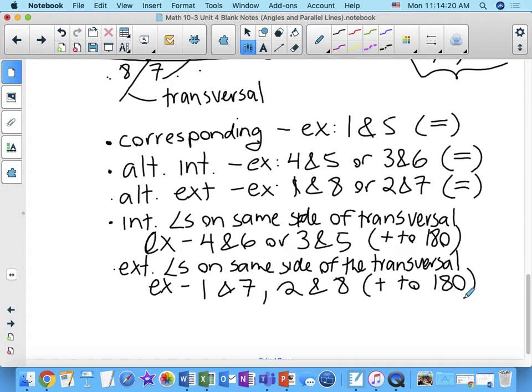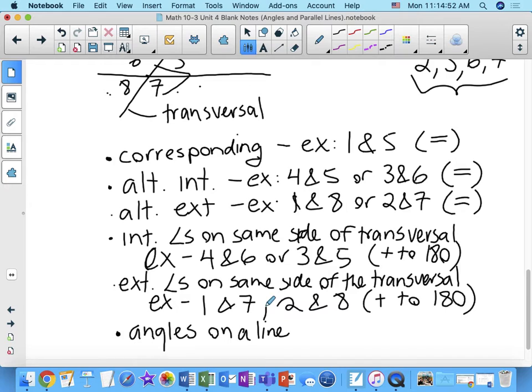Now, these are sort of the relationships between angles in parallel lines, but then there are two other types of angles that show up in parallel lines that also just show up whenever you have intersecting lines in general that are really helpful to know. And one of them I've already mentioned, and those are called angles on a line. Okay.